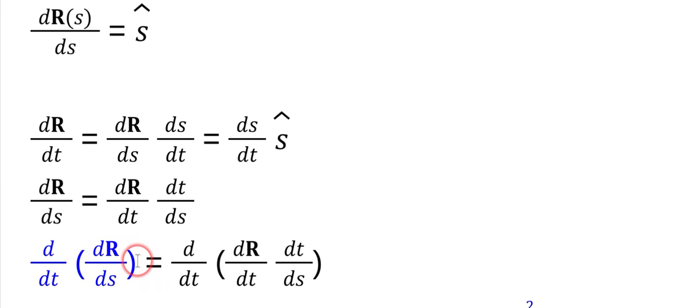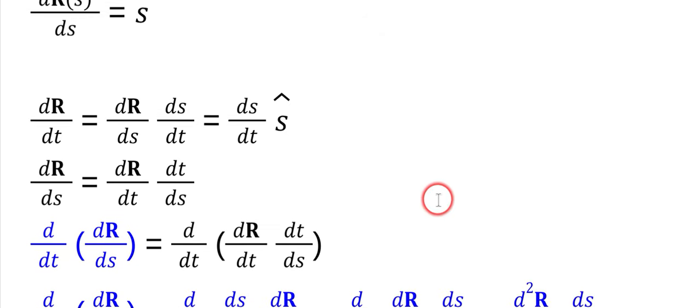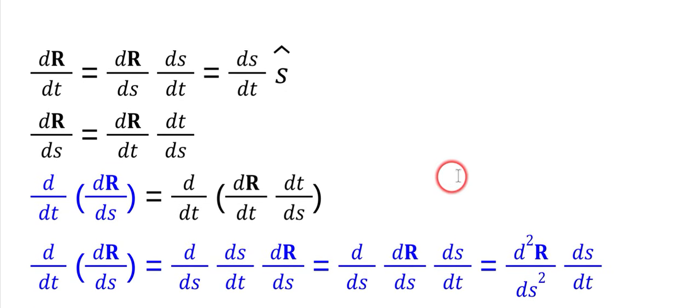Now I colored this in blue because we're going to break it out. So here's my operator acting on the left-hand side. Here's my operator acting on the right-hand side, okay? Now let's break out the blue stuff. We can break this operator up, also using the chain rule, as d/ds of ds/dt. So you would agree that this is the same as that, okay?